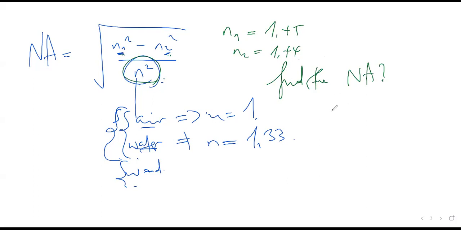Here, it depends on the boundary with the core. What medium is on the boundary with the core? If it is air, this N is equal to 1. If it is water, that N is equal to 1.33. 3-4 marks. Pass exam. All right. These are the type of questions you'll be getting.